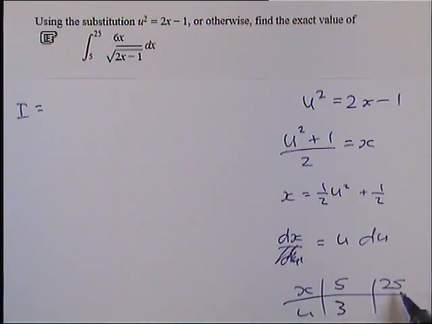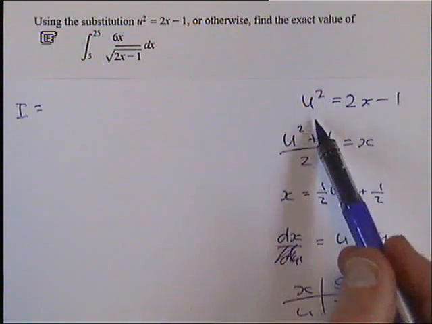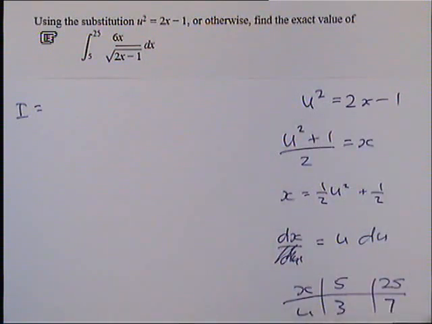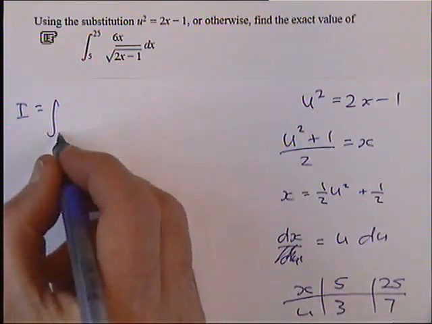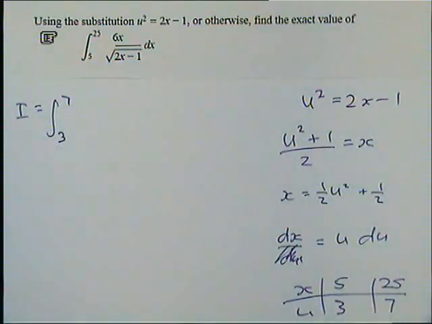Then here, double it is 50, take 1 away is 49, so that's what u squared is, so u will be the square root of 49, u will be 7. So up here, I'm integrating between not 5 and 25, but 3 and 7.